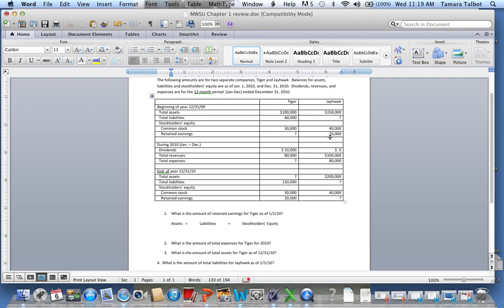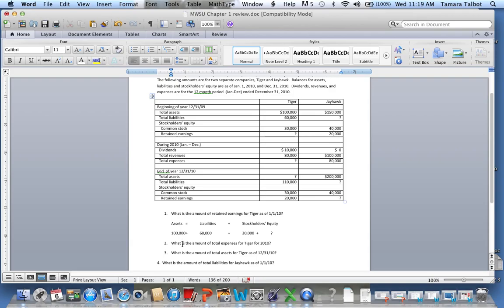When we fill in the blanks using these numbers, we have assets of 100,000. The liabilities are 60,000. And our stockholders' equity, 30,000. And we are solving for retained earnings. We don't know what that is.